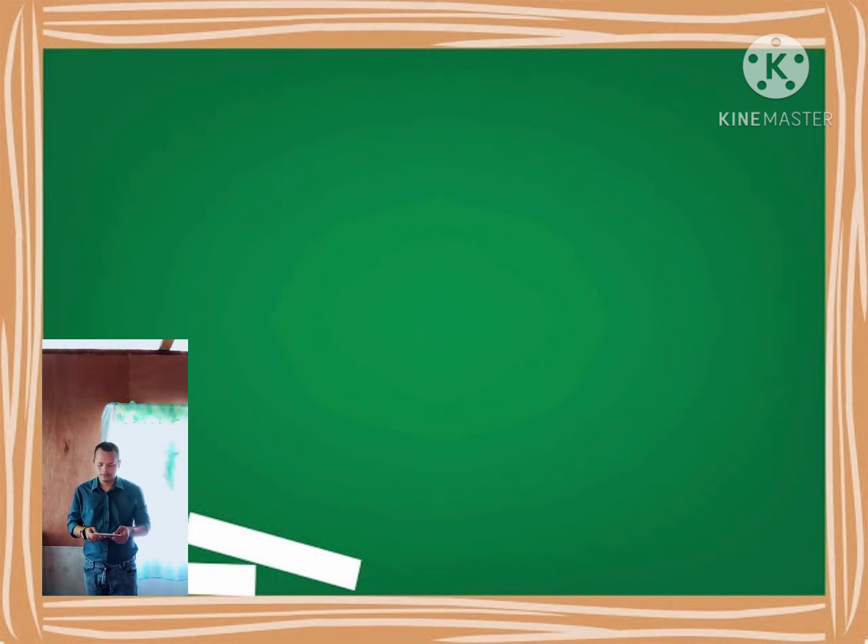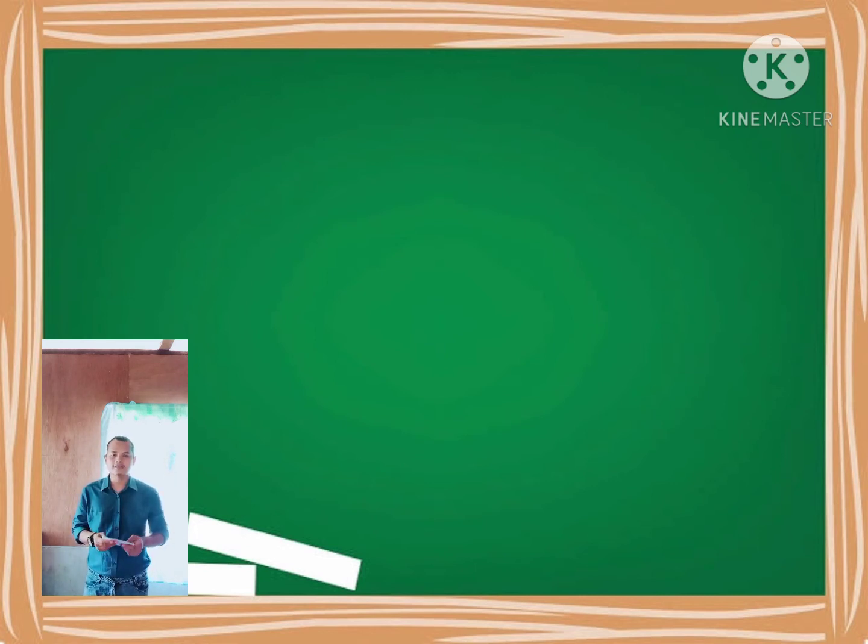Number 2. A suffix goes blank of a word. A. At the middle. B. At the beginning.